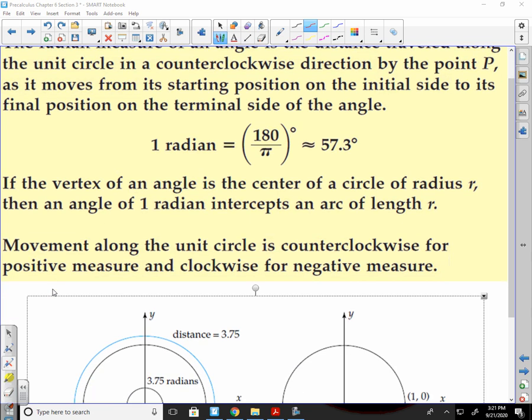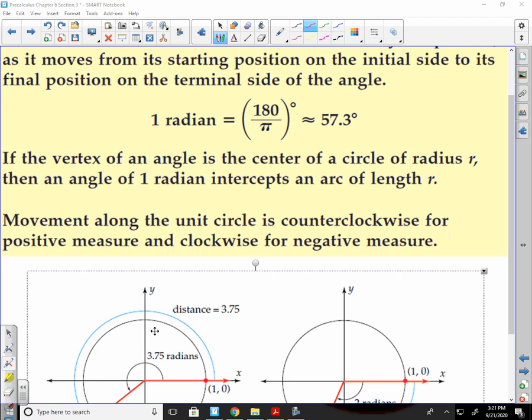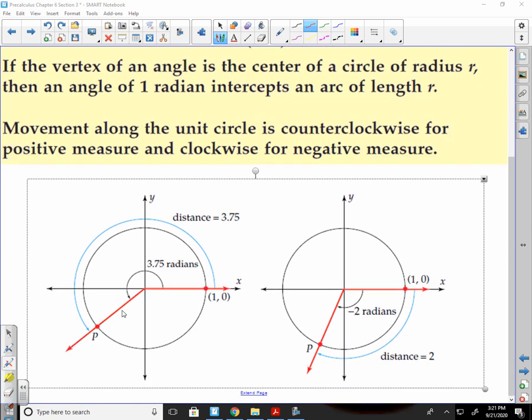So remember, we are measuring angles. If it's opening going counterclockwise, or this direction, it's going to be a positive measurement. If it's going the other direction, it's going to be negative. So if we look at this, on the unit circle, if I go around this far from this angle and travel counterclockwise around to here, it tells us that our angle went 3.75 radians, and our arc length is 3.75.